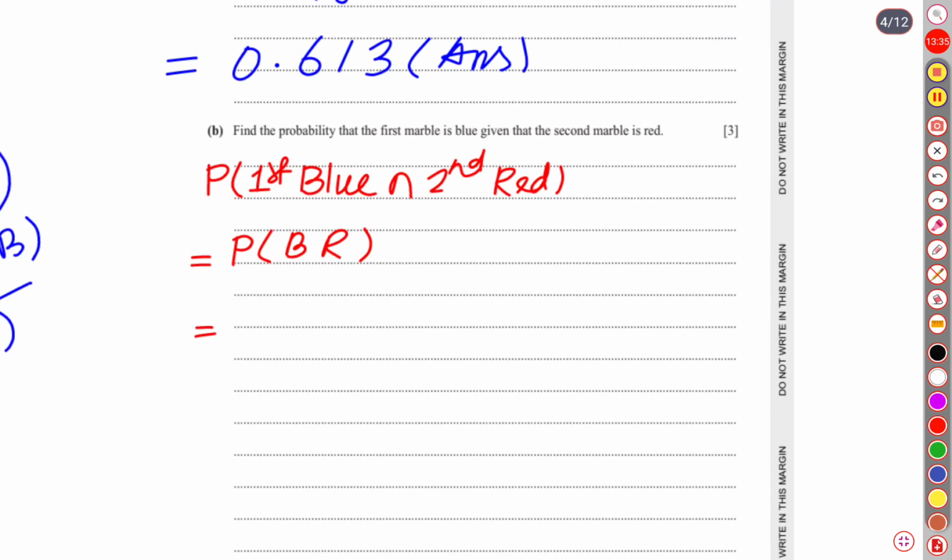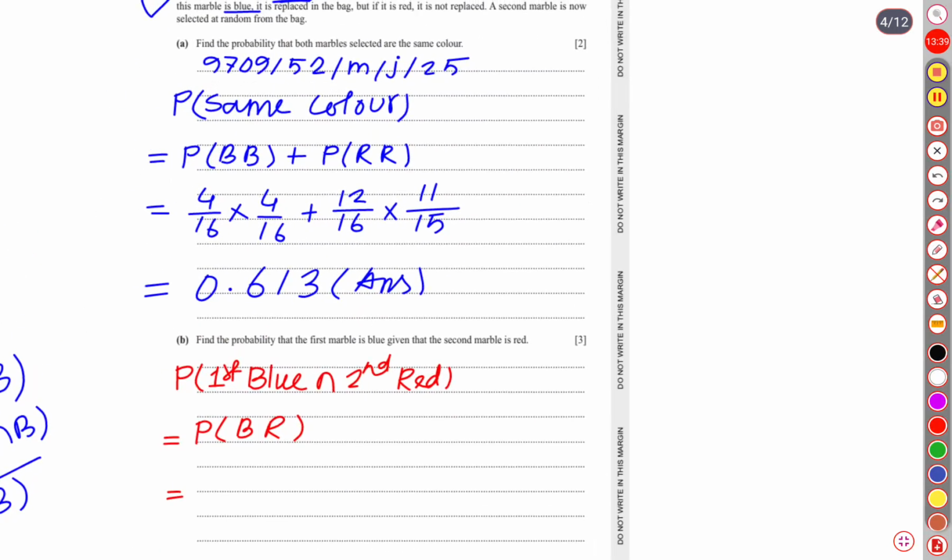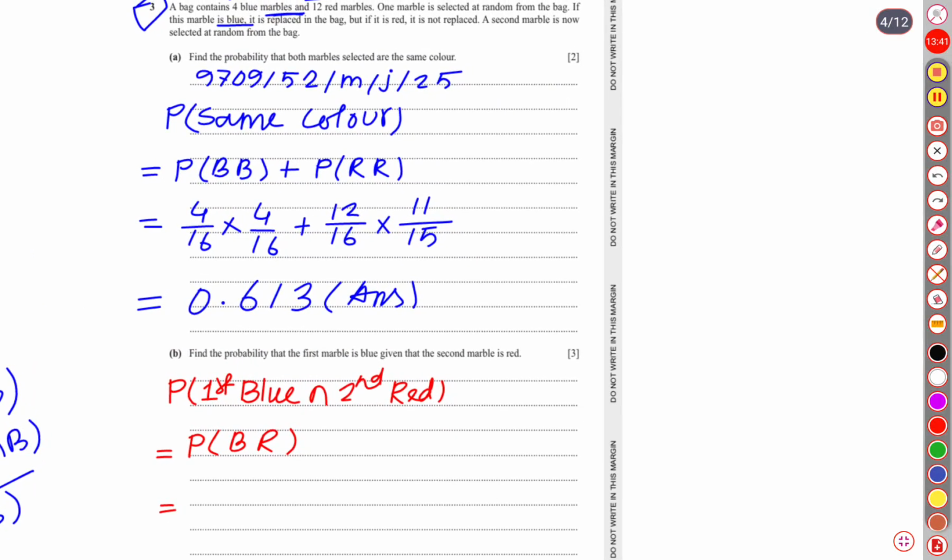We can see here, first one was blue, second one was red. For first blue it is 4 over 16. So 4 over 16, I think I can write just beside this, into second one is red.